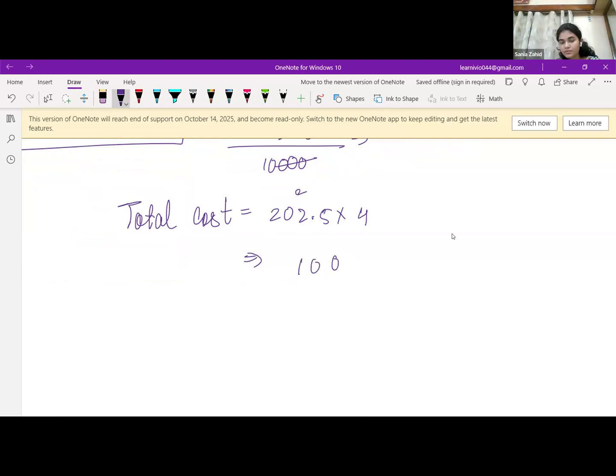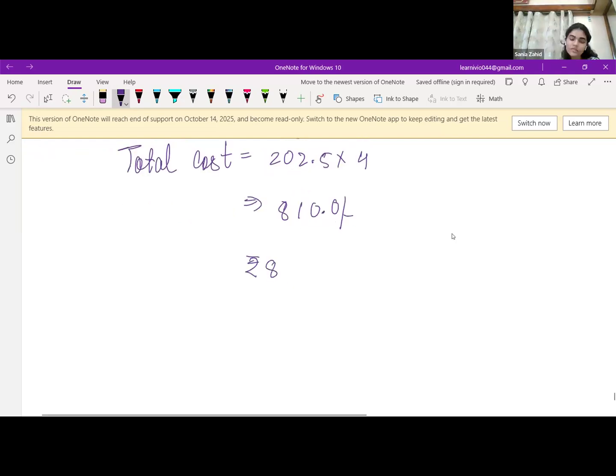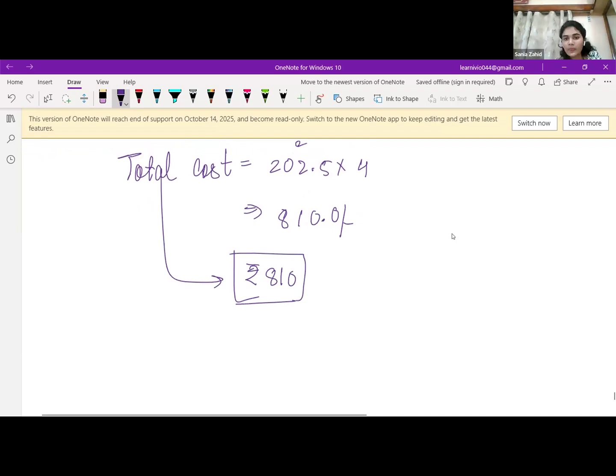That's 810, and you get 1 decimal. Okay. So the answer is 810. That is the total. Okay, children, this is how you need to solve it.